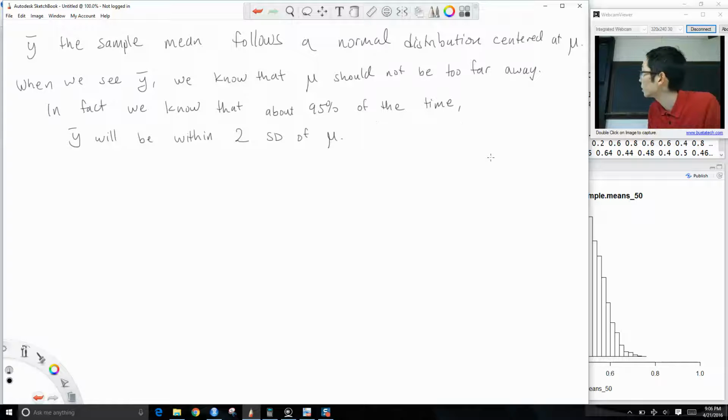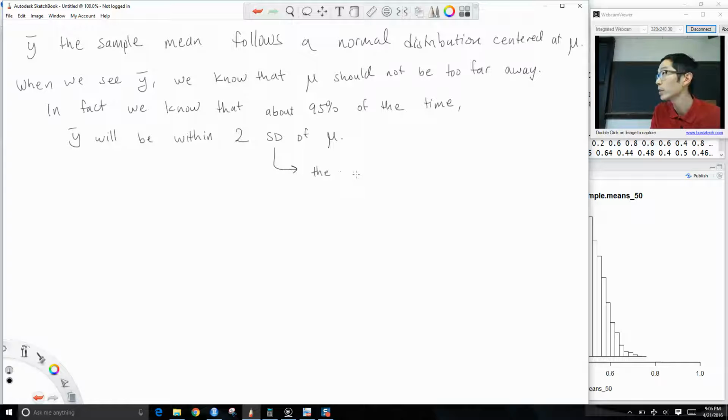Okay, what is the standard deviation here? It's the standard deviation of our sampling distribution, because we're talking about the distribution of y bar.